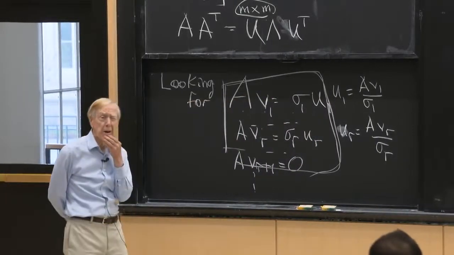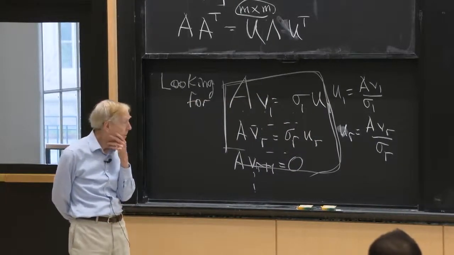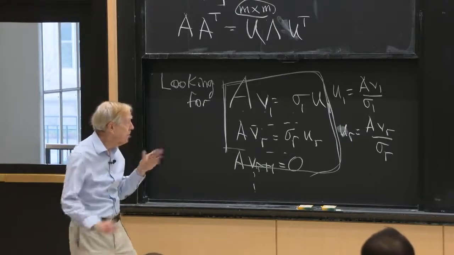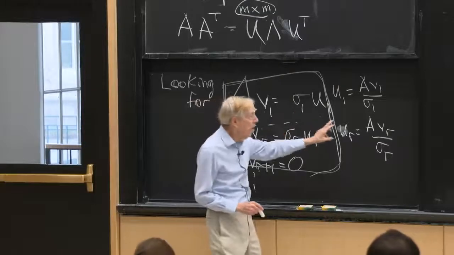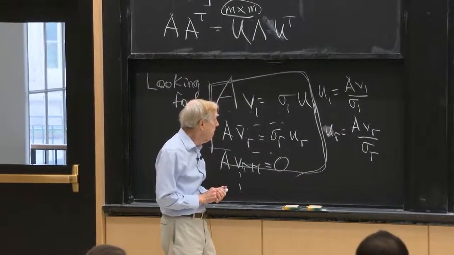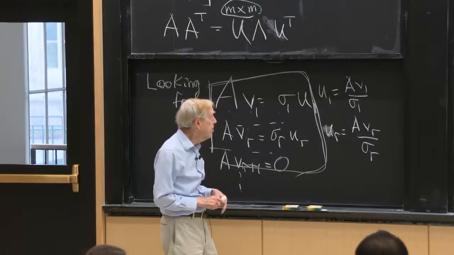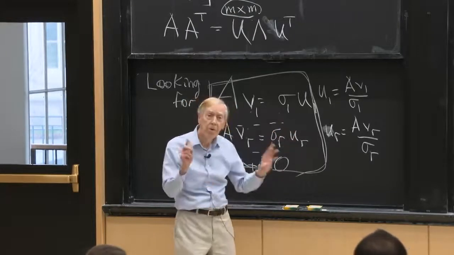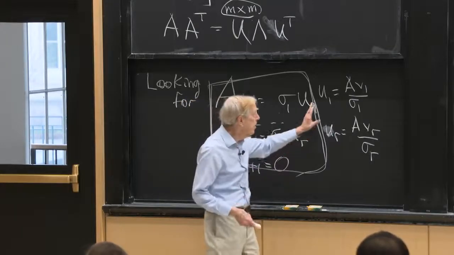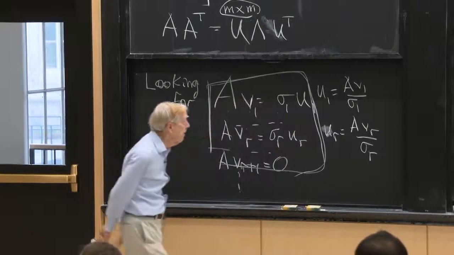Okay, and now finally I have to show that it's the right one. So what is left to show? I should show that these U's are eigenvectors of AA transpose. And I should show that they're orthogonal, right? That's the key. I would like to show that these are orthogonal.